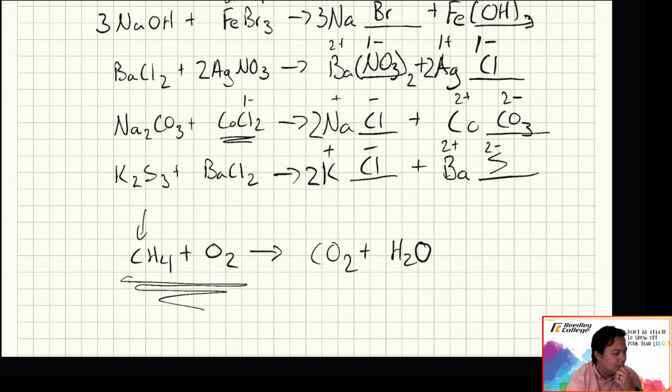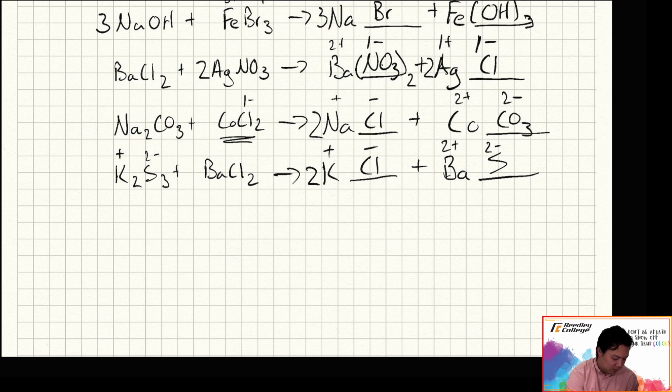I'm sorry, I actually don't know exactly what to do with this one because potassium should have a plus charge and sulfur should have a 2 minus charge. I suppose it's possible that what this is suggesting is that potassium has a 3 plus charge and that sulfur has a 2 minus charge, which is why they would balance this way for a compound.